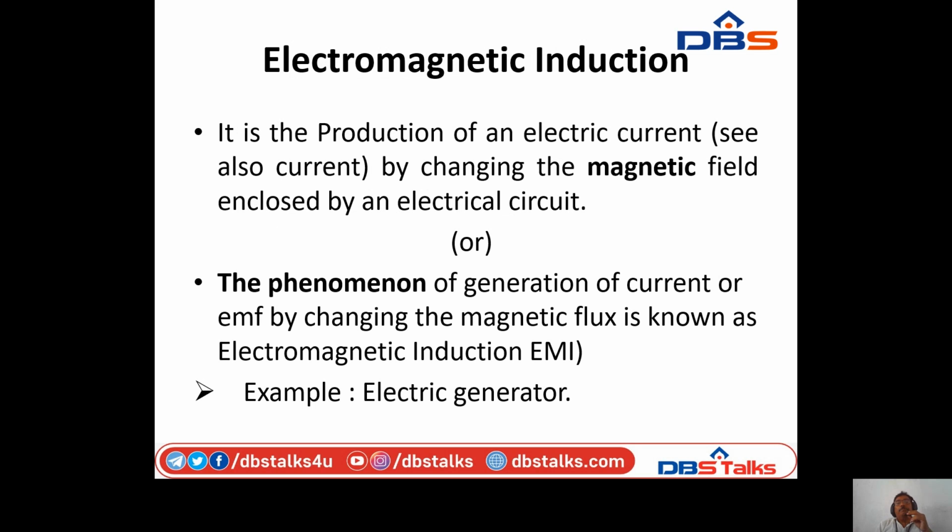Electromagnetic induction is the production of an electric current by changing the magnetic field enclosed by an electric circuit. Or the phenomenon of generation of current or EMF by changing the magnetic flux is known as electromagnetic induction.